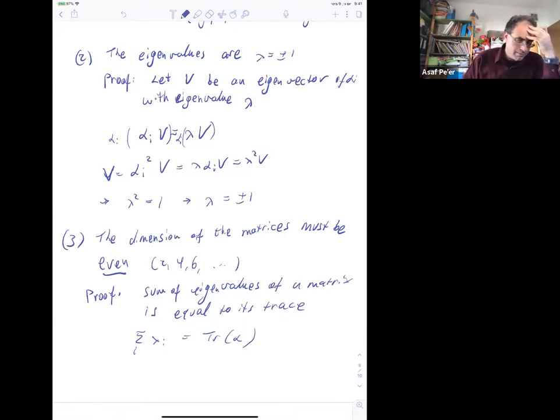And the eigenvalues we just know are plus or minus 1. So the only way the trace can be 0 is if the dimensions of the alpha and beta matrices are even.